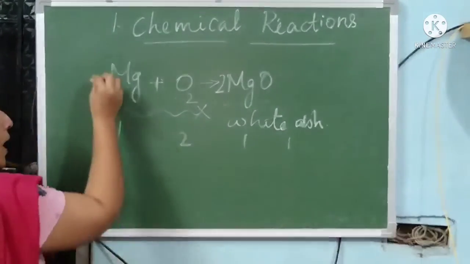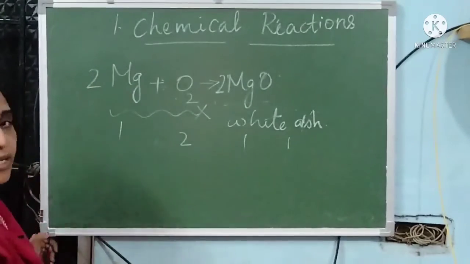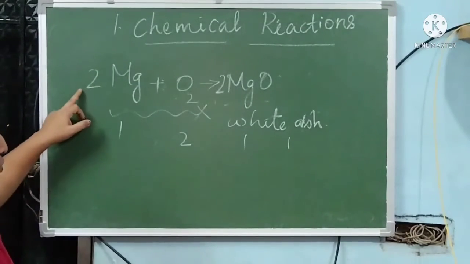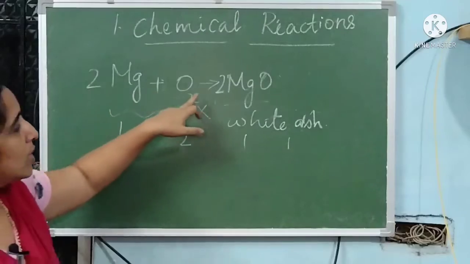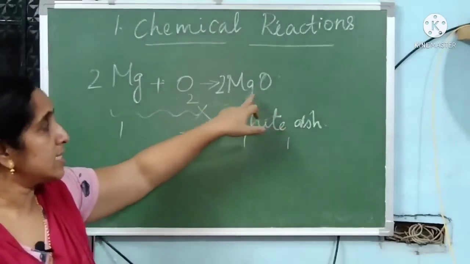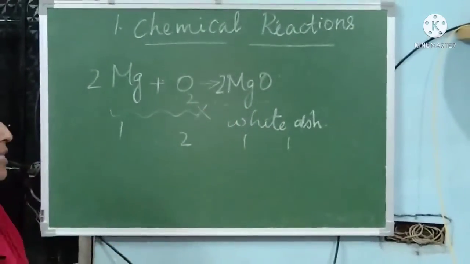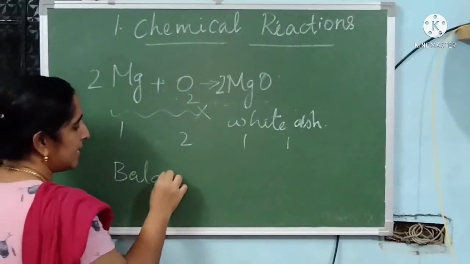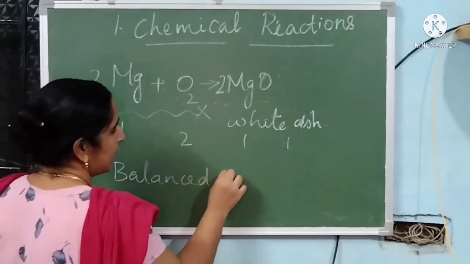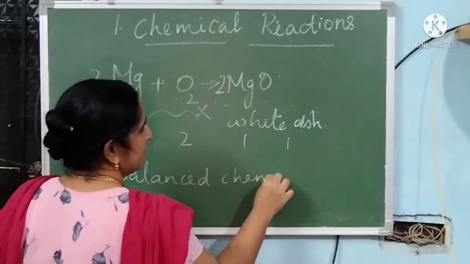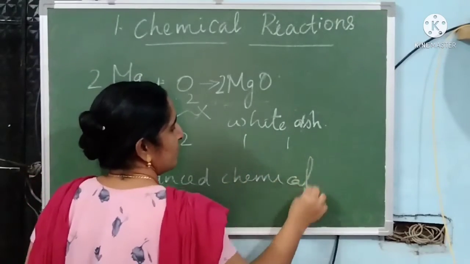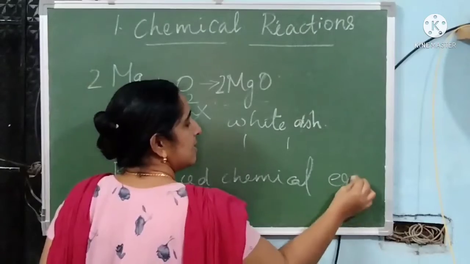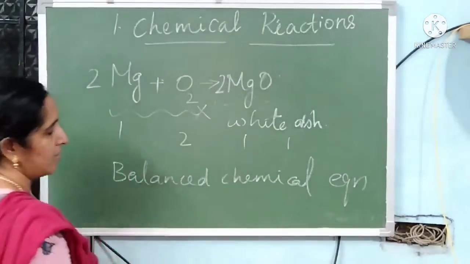So we also add another 2 in front of the magnesium. So 2 Mg plus O2 gives 2 MgO. This is called a balanced chemical equation.